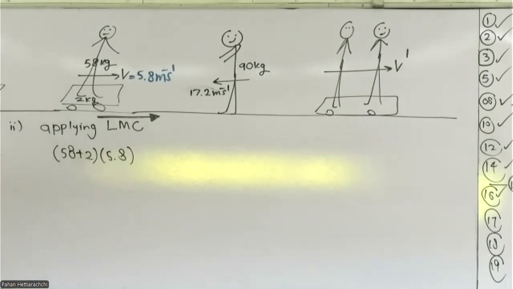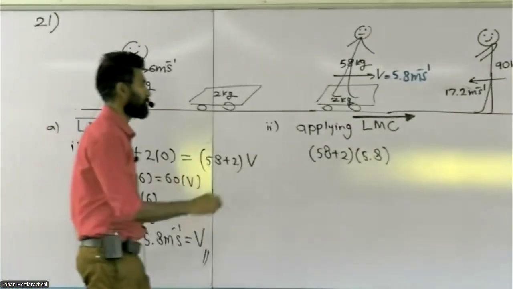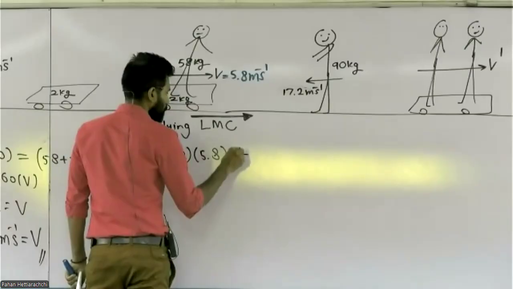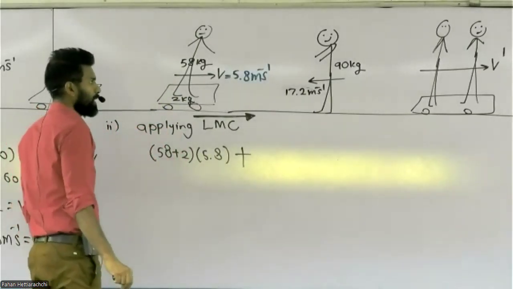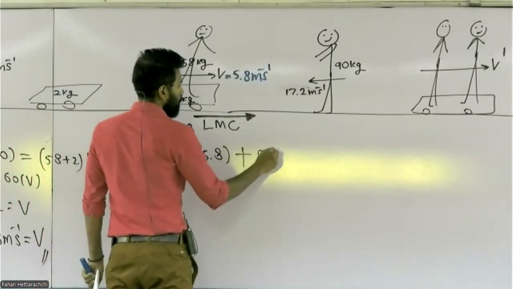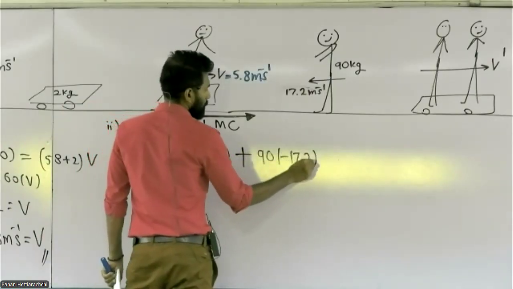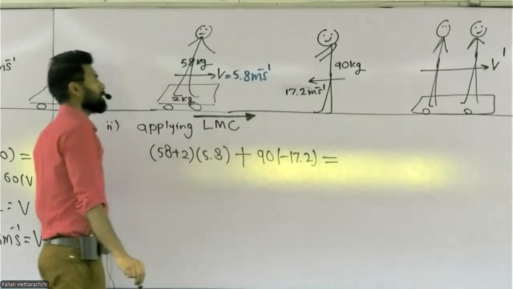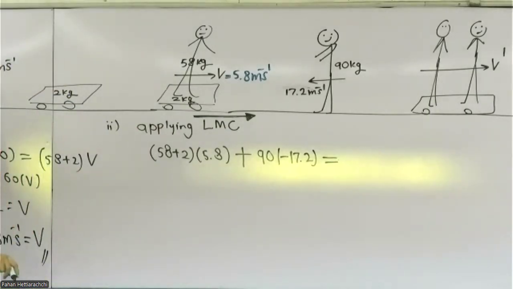So the momentum of that part is 58 plus 2, 60 kilograms, into the velocity of the man and the trolley, 5.8 to the front direction. It's the initial momentum, plus there's another momentum component, 90 into minus 17.2. There are two momentum components at the beginning. The man who is on the trolley is moving to the front direction with the 5.8 velocity, so the total mass 60 into 5.8 is the momentum component from there.